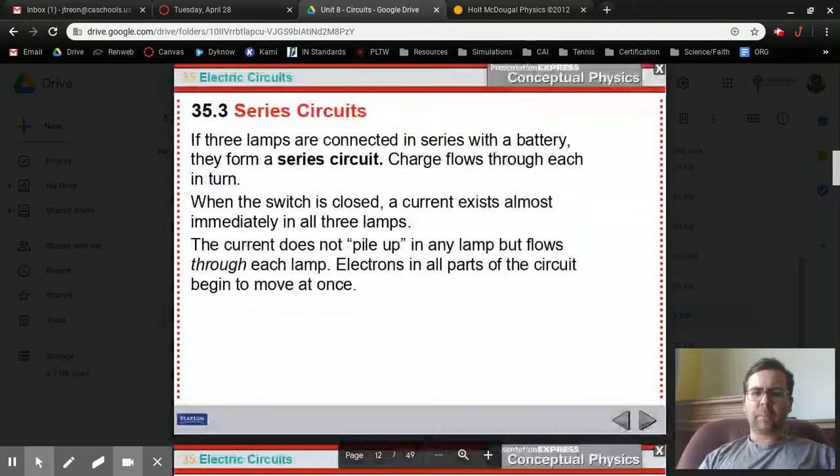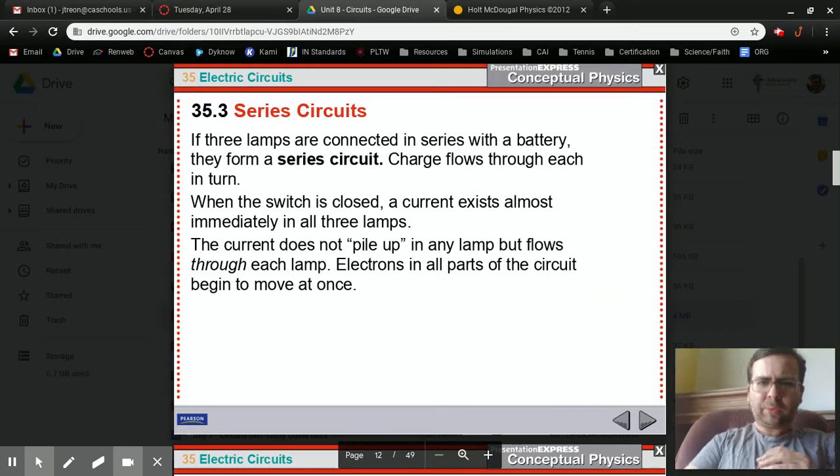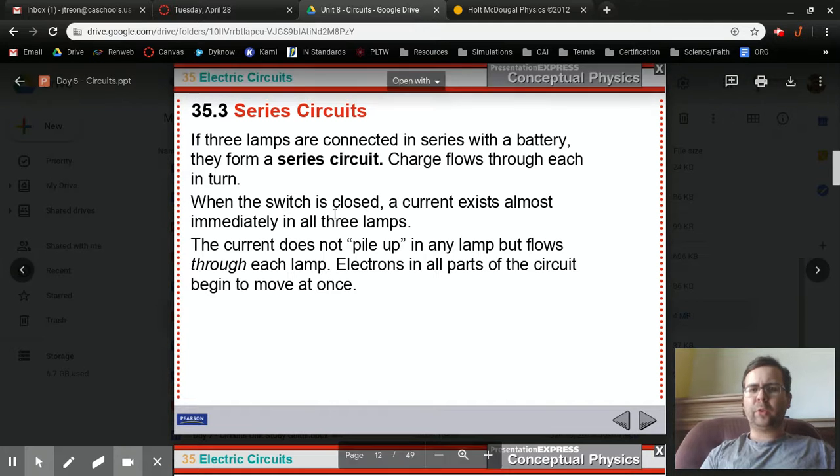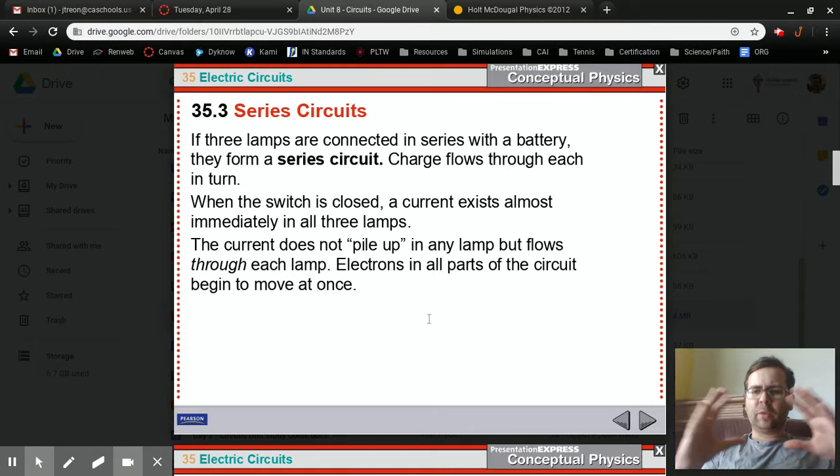So, let's do an example of this. If there are three lamps, three light bulbs, connected in series with a battery, they form a series circuit and charge flows through each in turn. When the switch closes, meaning whenever the circuit is all connected, a current exists almost immediately in all three lamps. And this is a picture that I want you to imagine.